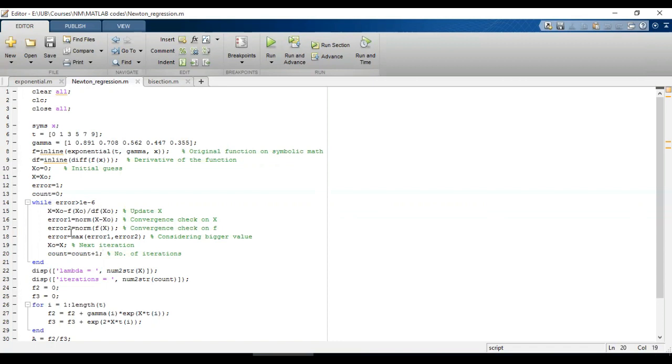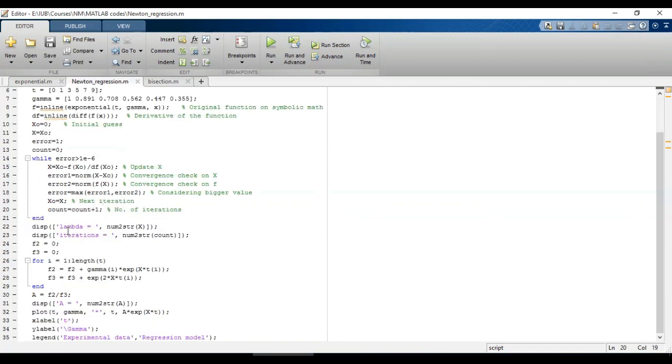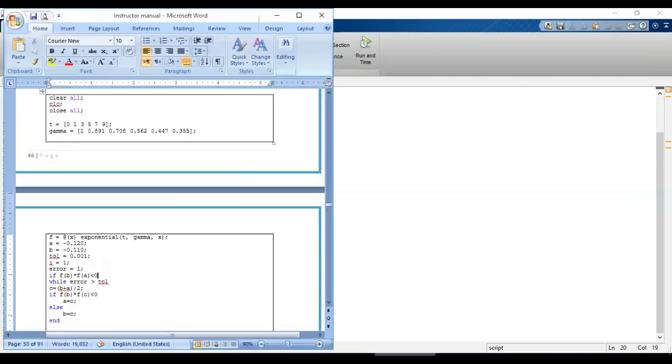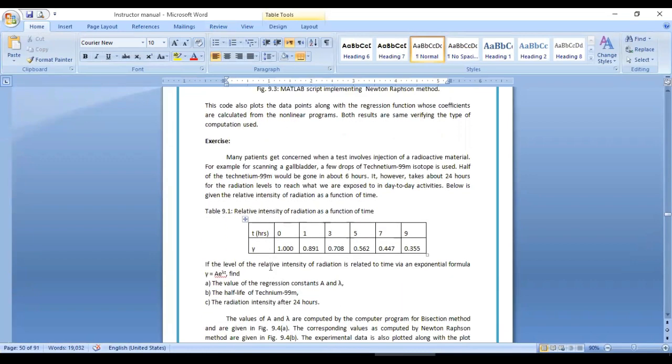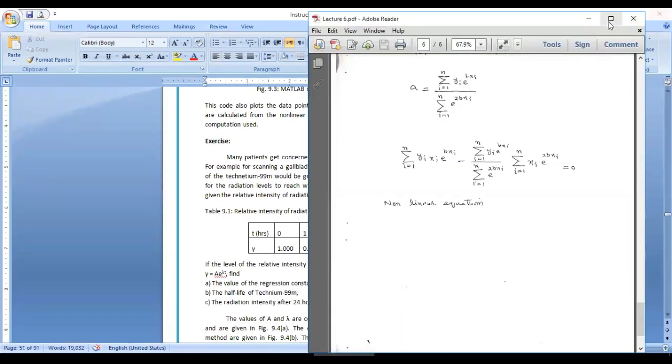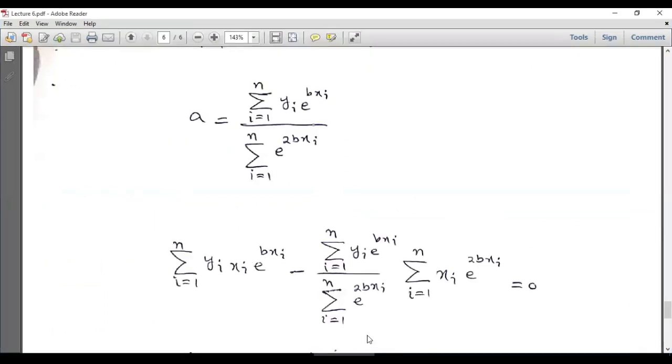Now after solving this nonlinear algorithm, I will display the calculated value of lambda. So the calculated value of lambda is actually the same as the value of b, right? So this is my nonlinear regression model, and here the value of b is actually the same as the value of lambda.